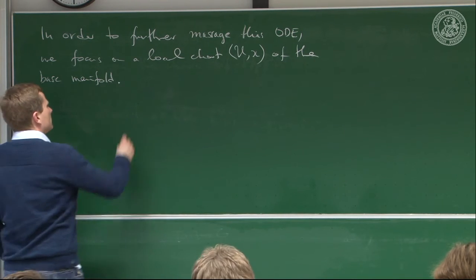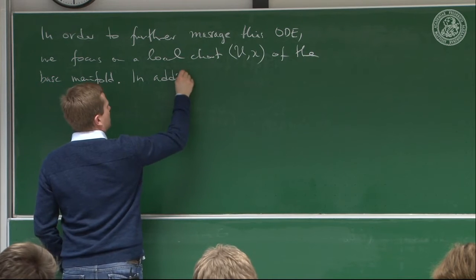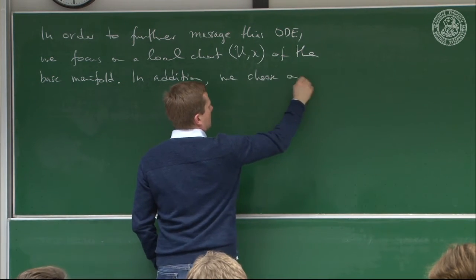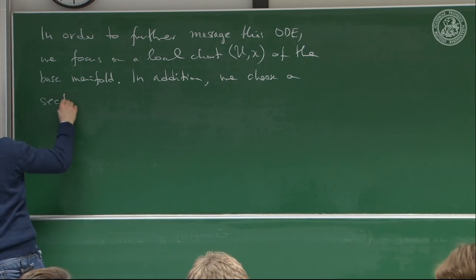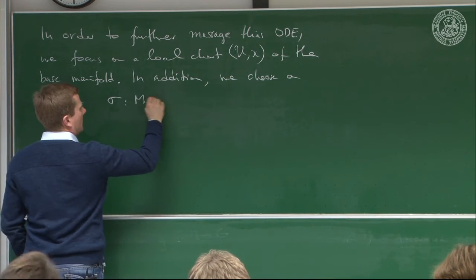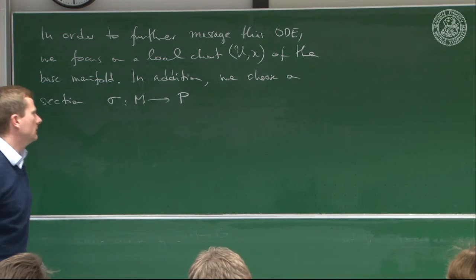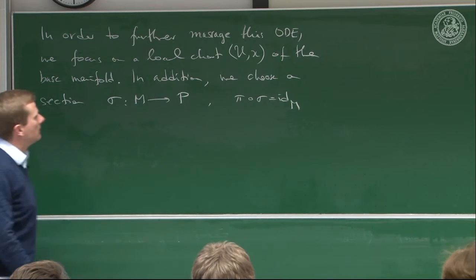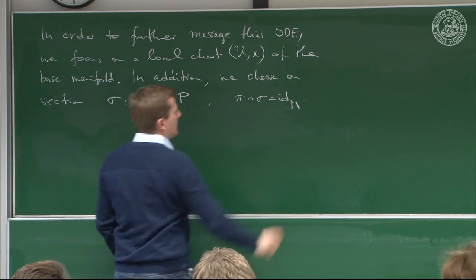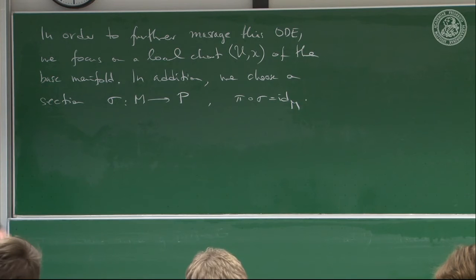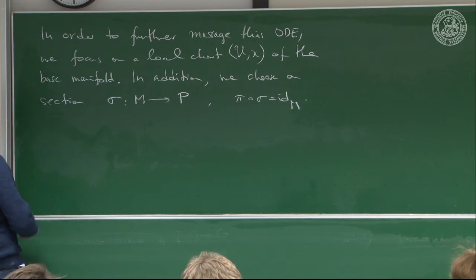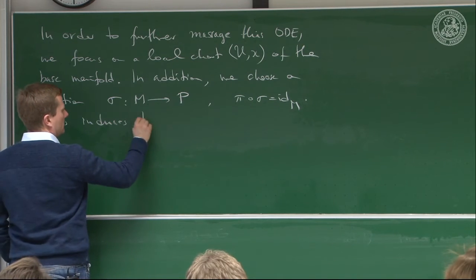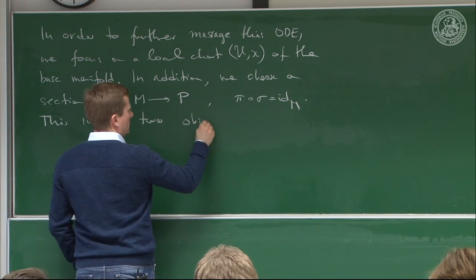So now, in addition to choosing this local chart, we choose a section sigma of the principal bundle. You recall that means that pi after sigma is the identity on M. Now, such a section induces two kinds of objects.